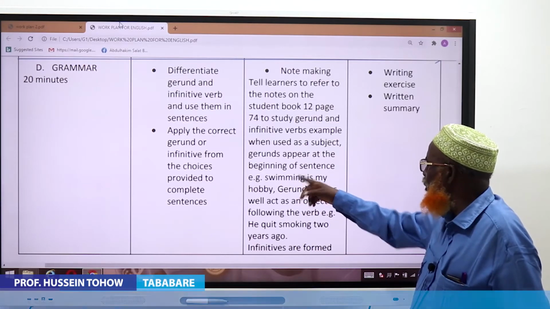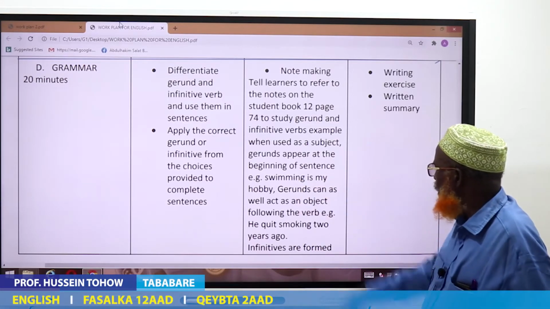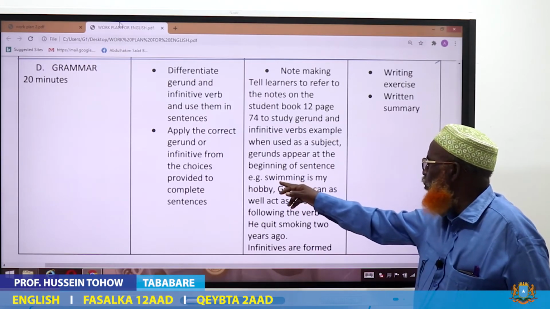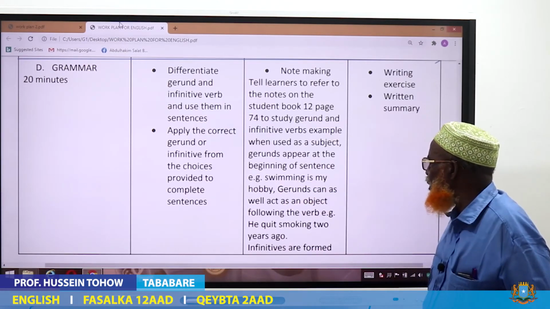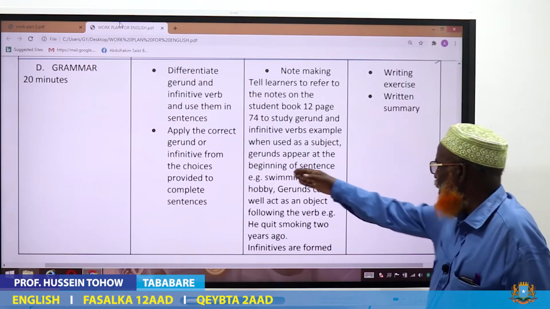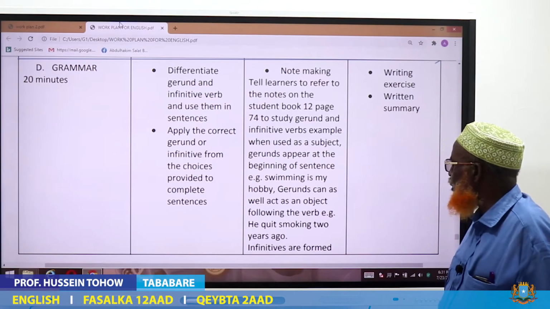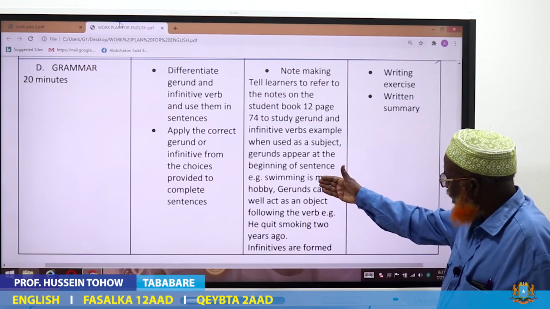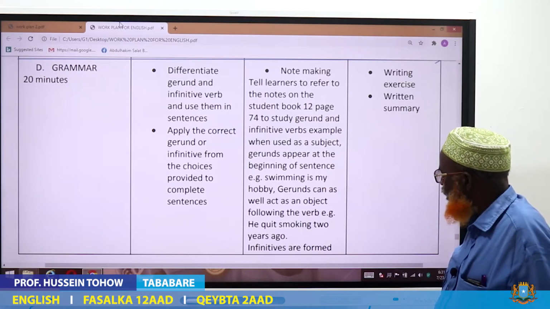Here it says swimming is my hobby. Now you can find these are gerunds, they come in front of the sentence. So they act as a subject here. They are in the place of the subject.